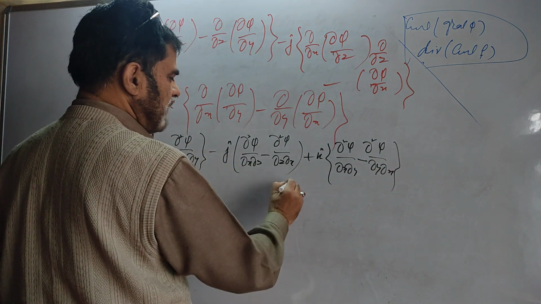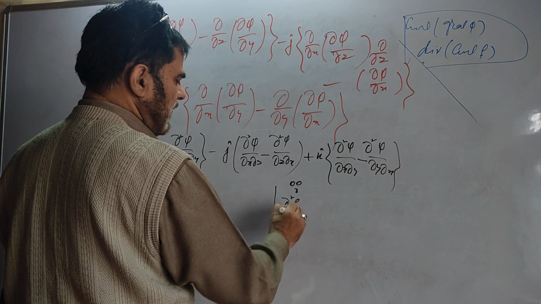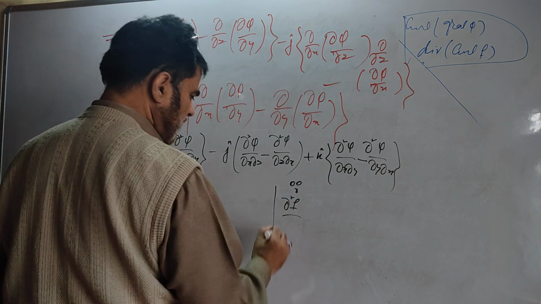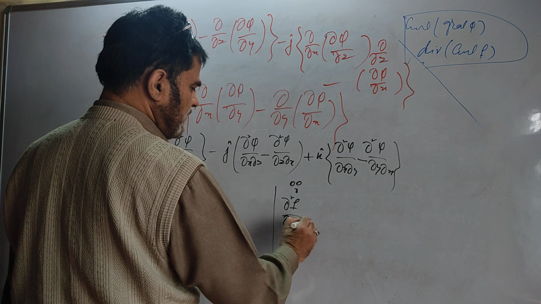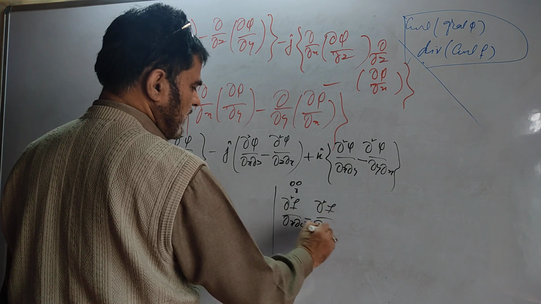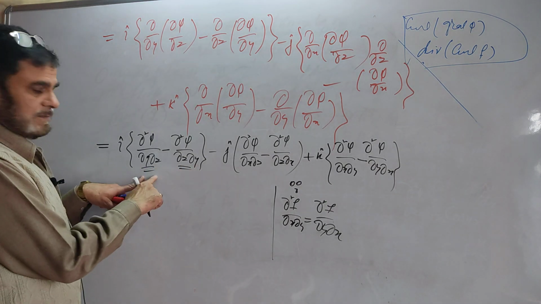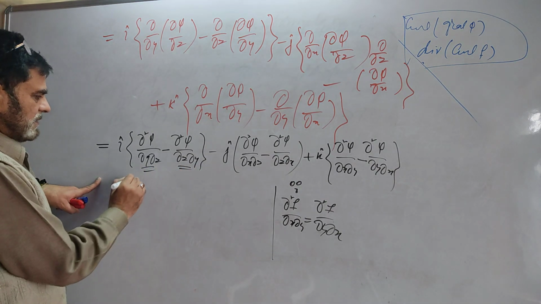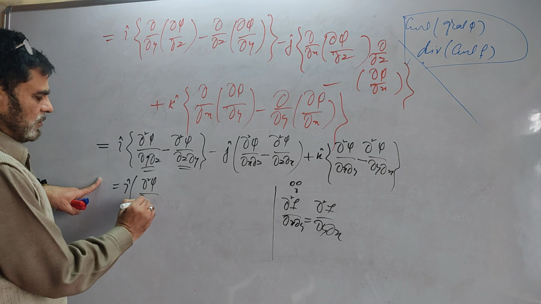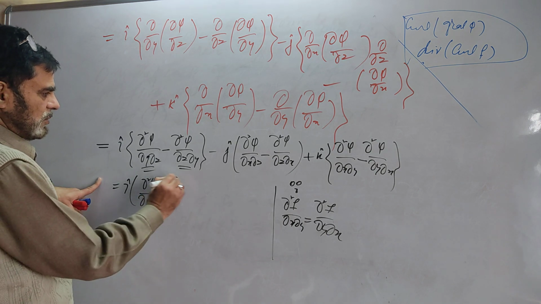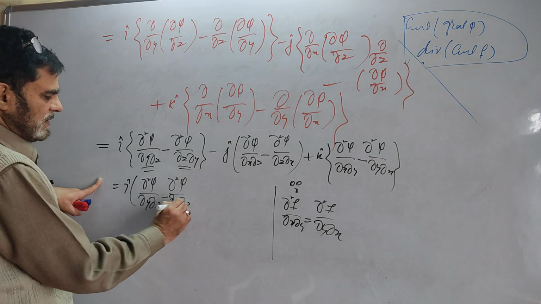You will be using this fact here, dou 2 f by dou x dou y is always dou 2 f by dou y dou x. That means this is equal to this. It is i times dou 2 phi by dou y dou z, and this is again dou 2 phi by dou y dou z.